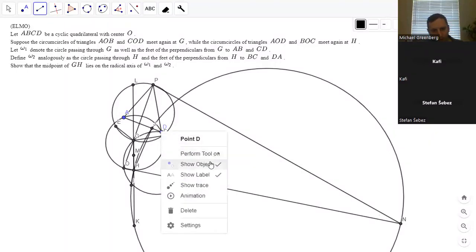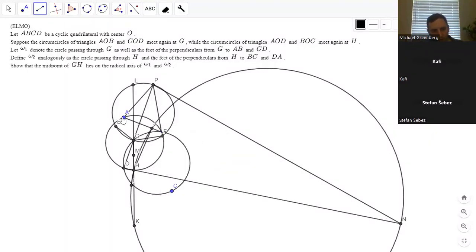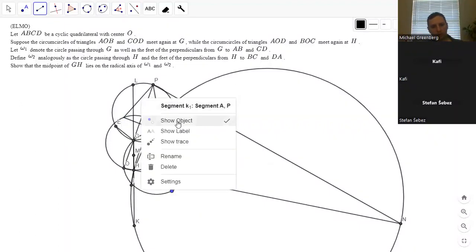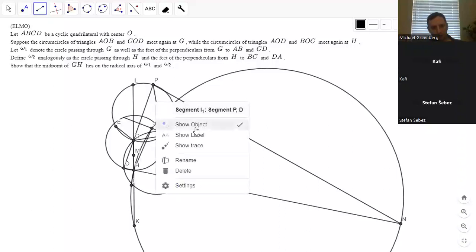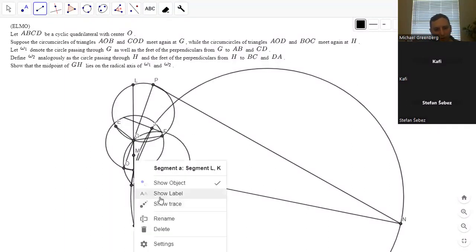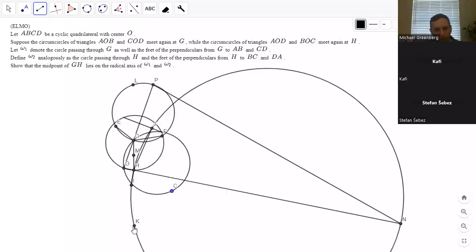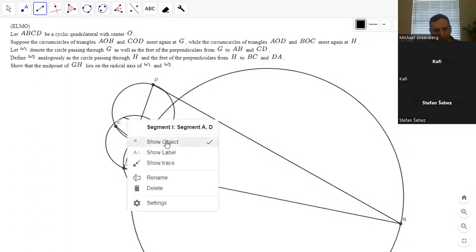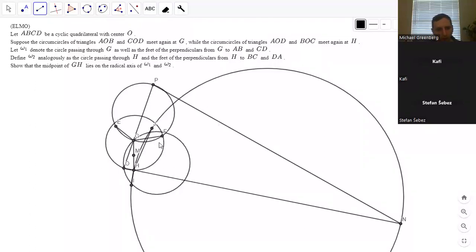So yeah, and also it is obvious that O lies on the radical axis just by power of a point. Okay. So it would be enough to show OM is perpendicular to the line passing through the centers of those two circles. Okay. And we know what those two centers are. Okay, hold on just a second. So how do we define these circles?